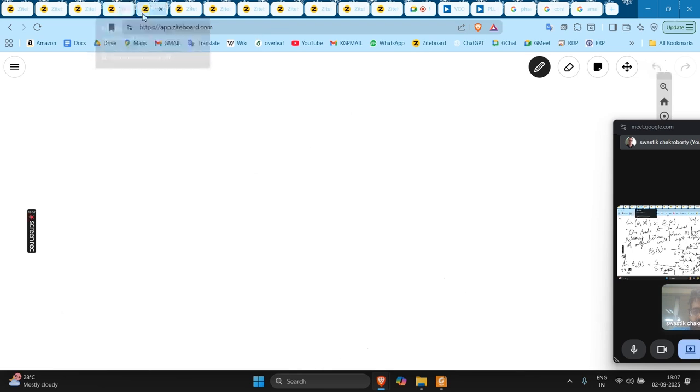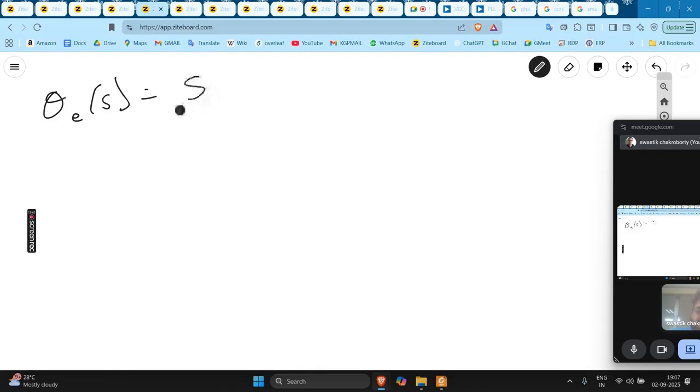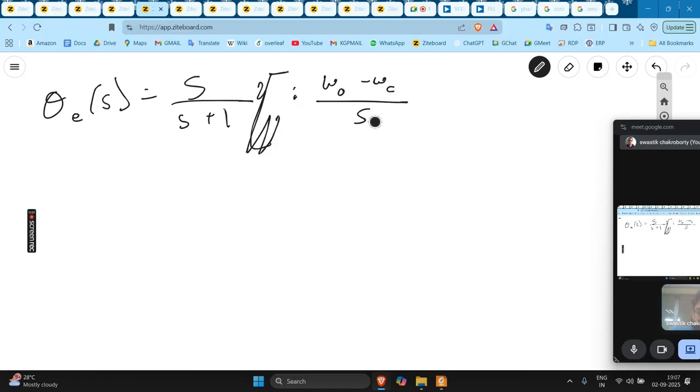So finally we have theta e(s) as s by s plus 1 into omega naught minus omega c by s square. So omega naught minus omega c by s(s plus 1).